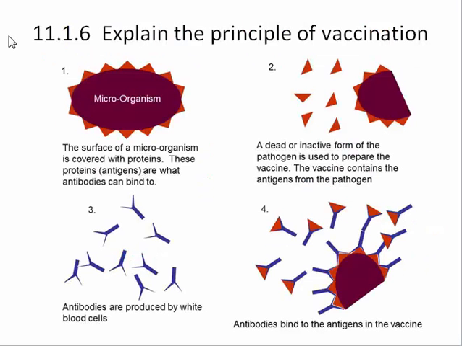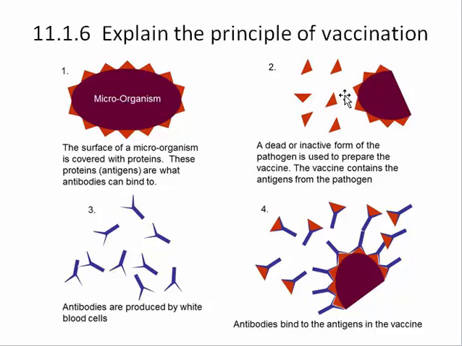In the next assessment statement, it says, explain the principle of vaccination. So you have an organism that has proteins presented on the surface, and they're called antigens. These are the things that antibodies can bind to. What you do is you break up this organism, either a virus or a bacteria, and when you break it up, it's no longer alive, but you still have these antigens present.